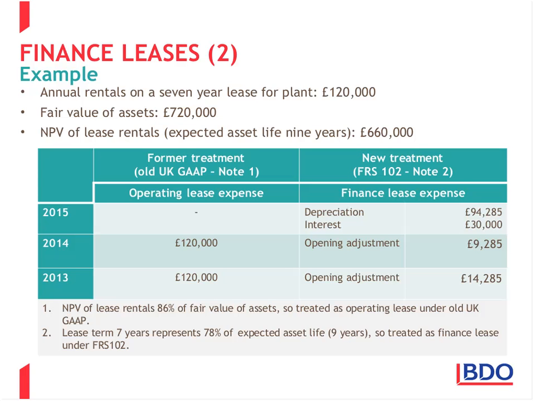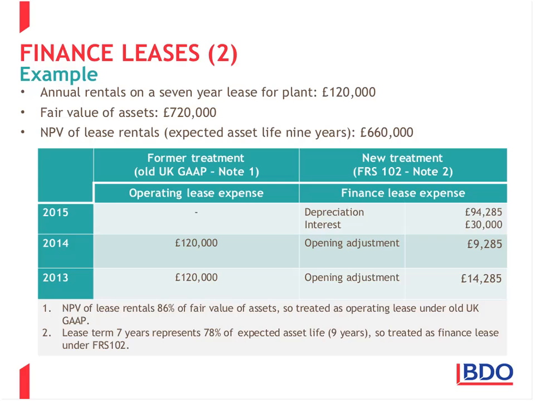However, under new UK GAAP, the term of the lease represents 78% of the expected asset life and is therefore treated as a finance lease. You'll see from the table that the tax deduction under FRS 102 now starts to look at depreciation and interest, as you can see from the right-hand column.